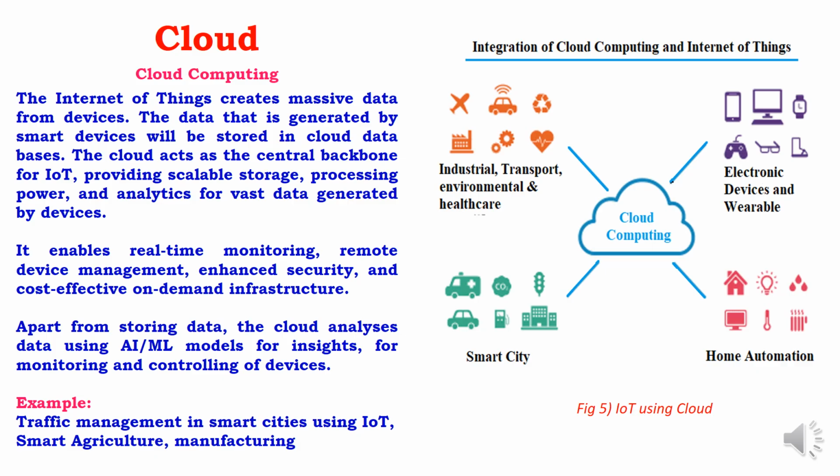It enables real-time monitoring, remote device management, enhanced security, and cost-effective on-demand infrastructure. Apart from storing data, the cloud analyzes the data using artificial intelligence and machine learning models for insights, for monitoring and controlling of devices. For example, traffic management in smart cities using IoT, smart agriculture, and manufacturing.